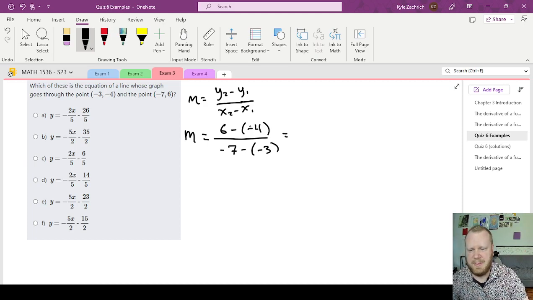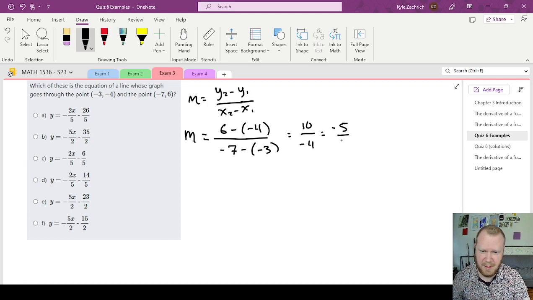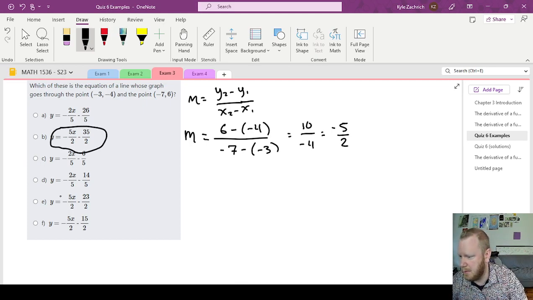So this ends up being 6 plus 4 is 10, negative 7 plus 3 is negative 4, so that's going to be negative 5 halves. So it's got to be either this one or this one or this one.